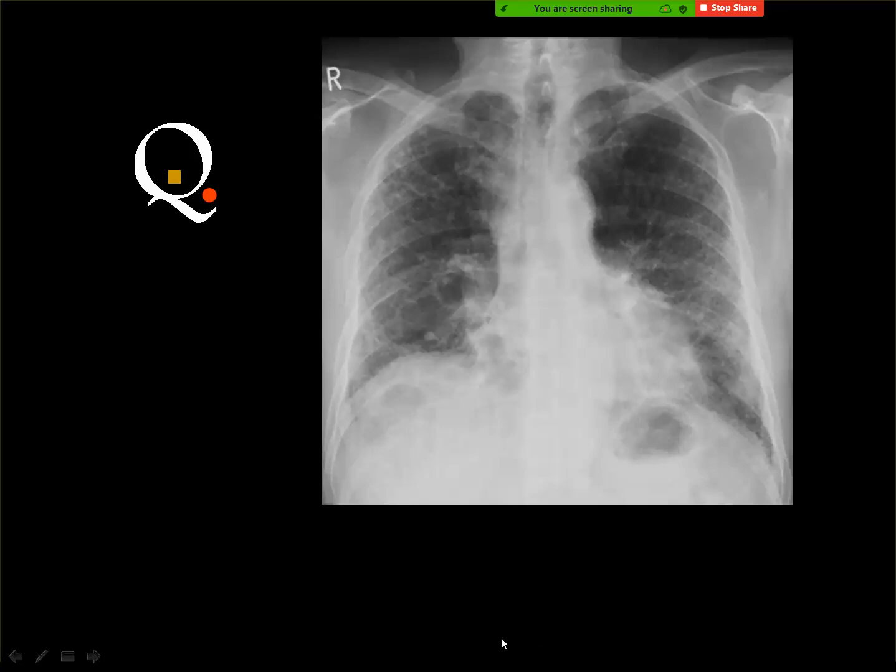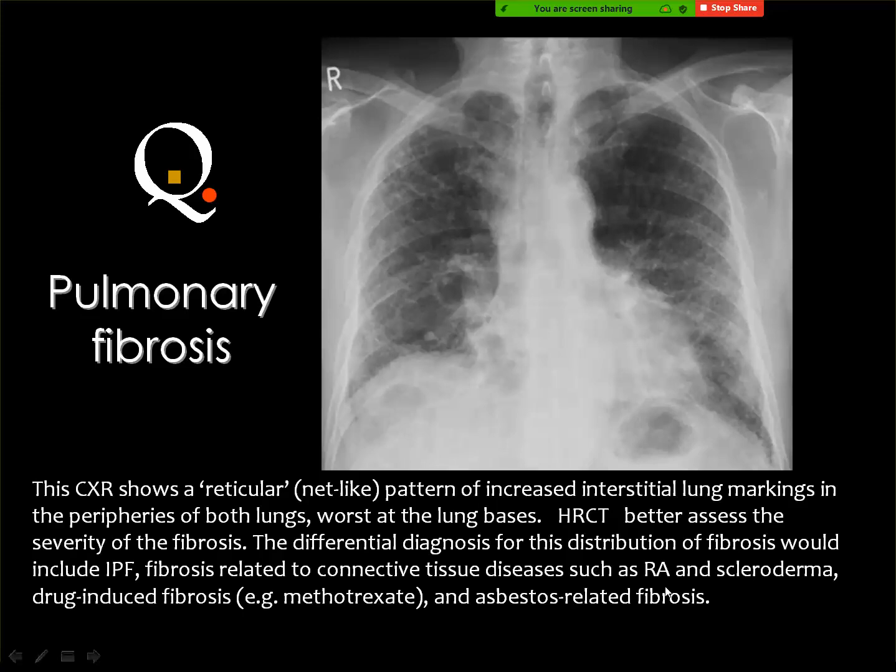Sarcoidosis? There is a cavity in the middle lung. This may be a summation of shadows, but if you see a picture like this, you say you are dealing with diffuse lung disease, most likely of the interstitial type, and at the top of the diagnosis will be idiopathic pulmonary fibrosis or usual interstitial pneumonia.